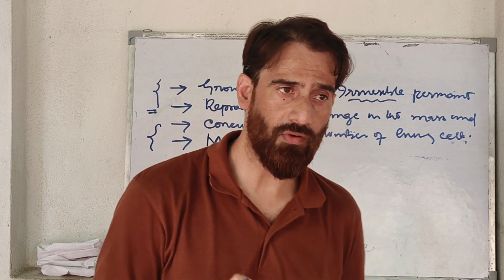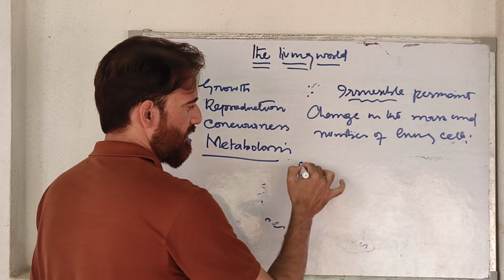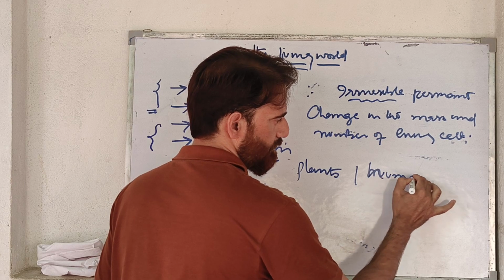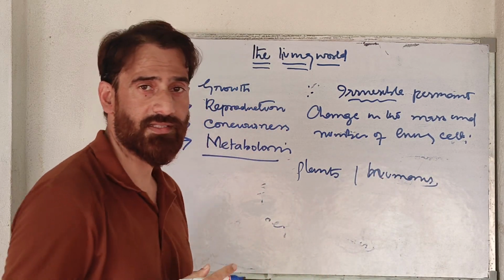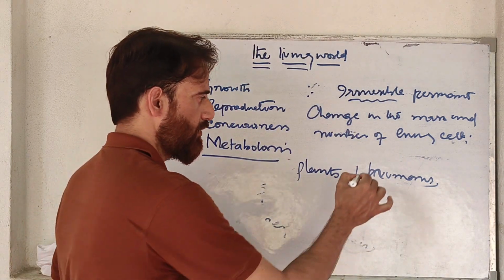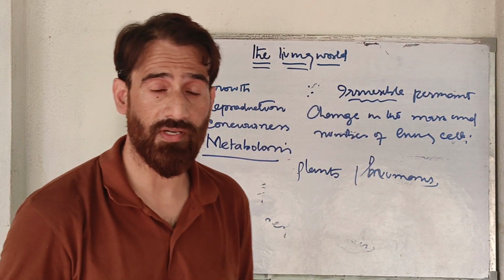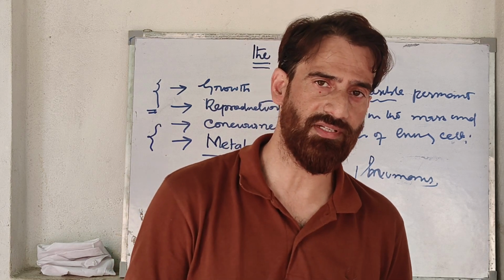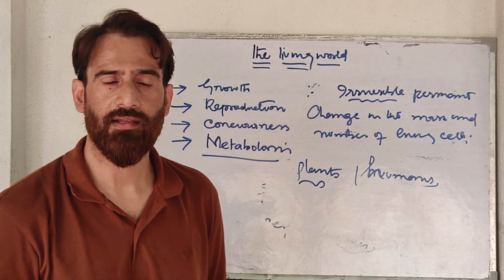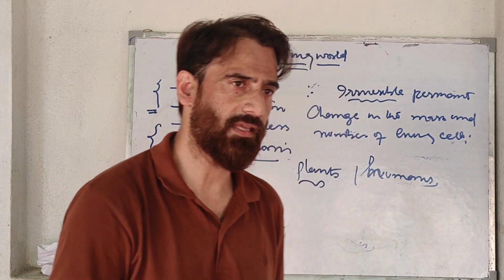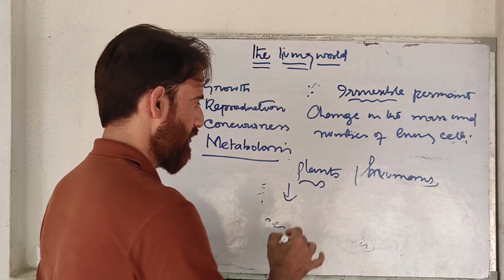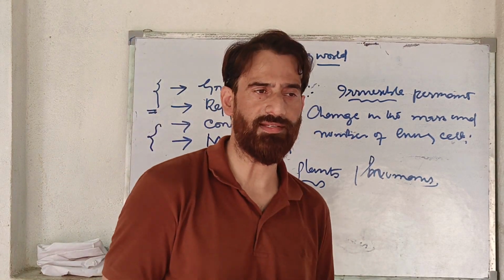Suppose we talk about plants and humans, and there are some exceptions. Human growth is restricted. At some age, humans cannot grow further. But in plants there is unlimited growth, because they have special cells like meristematic cells. They keep on dividing, and plants keep on growing. They show profuse branching.